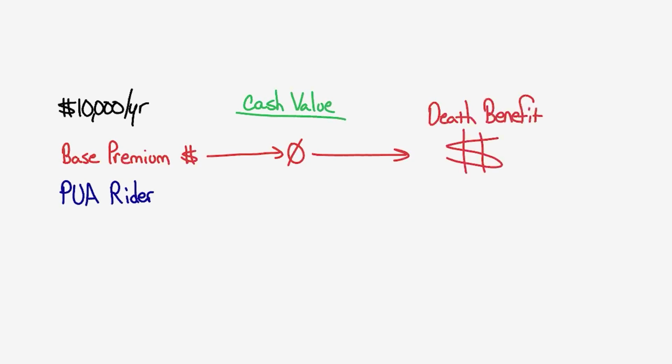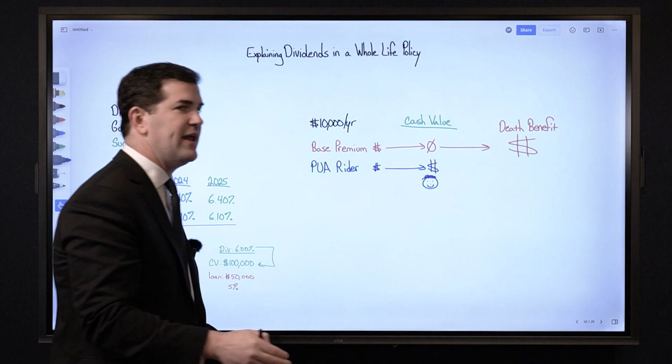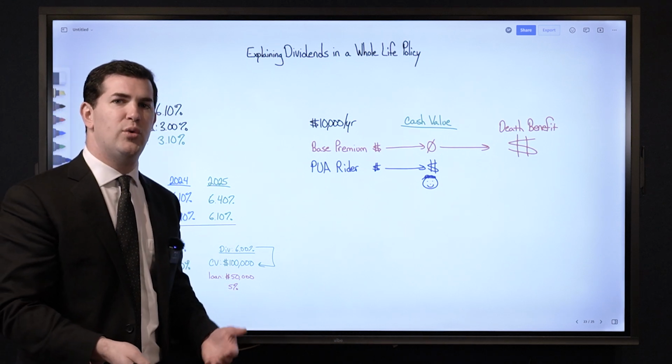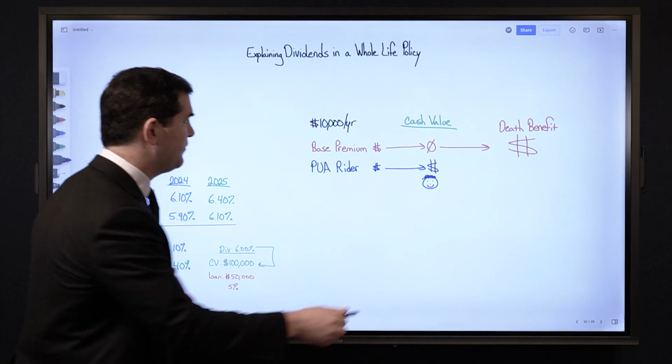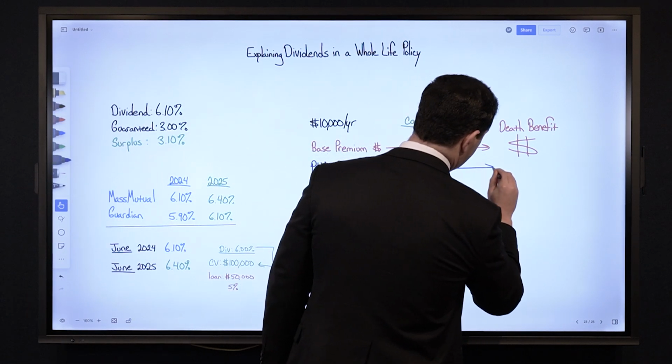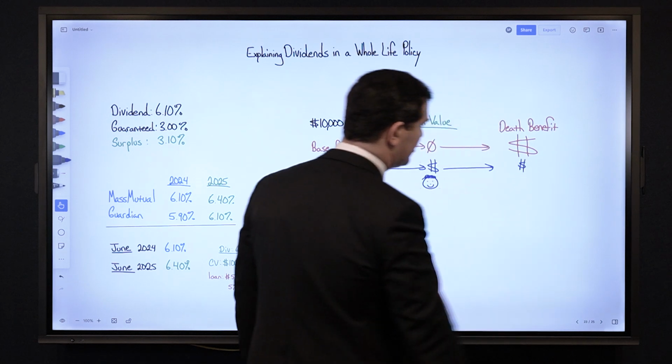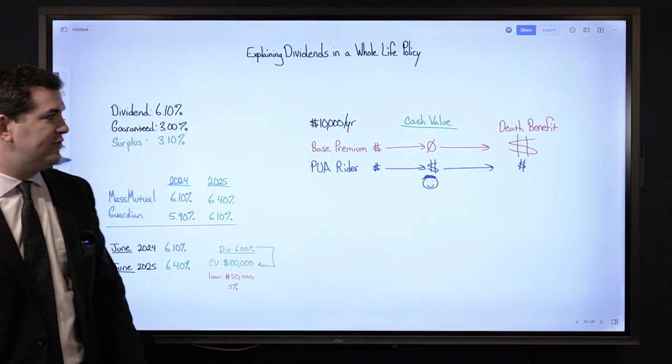So premium dollars buy us a big old death benefit, whereas PUA dollars, guess what? Show up in cash value. Now we won't see all of the PUA payment show up in cash value on day one. It's typically somewhere between 90 and 95%. They do give you some life insurance, but it's very small compared to what the premium gives you.